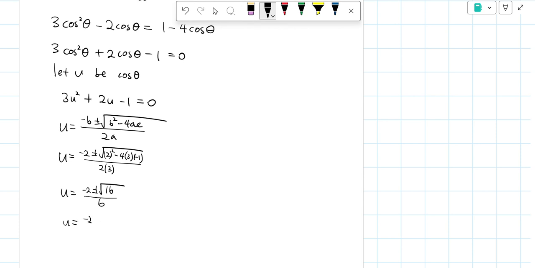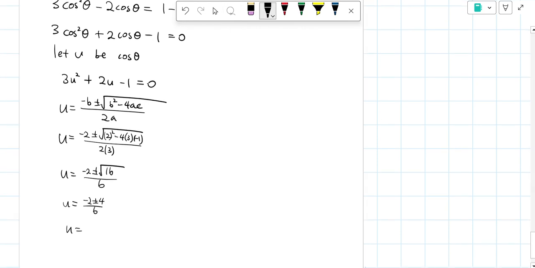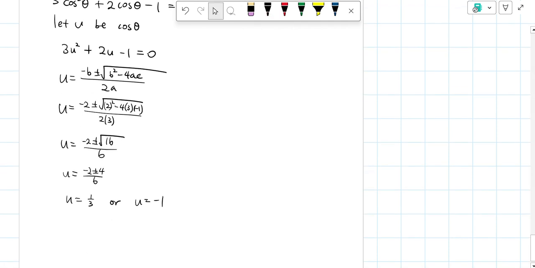U is equal to negative 2 plus minus 4 over 6. So U is either going to be negative 2 plus 4, which is positive 2, so 2 over 6, 1 over 3. Or U is equal to negative 2 minus 4, which is negative 6. Negative 6 over 6 is negative 1. So at this point, I can either solve cosine of theta is equal to 1 over 3, or cosine of theta is equal to negative 1.